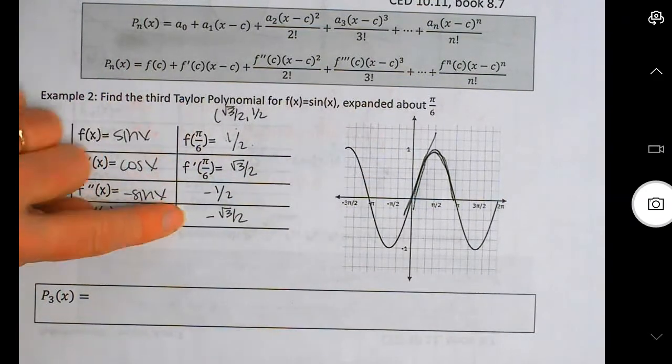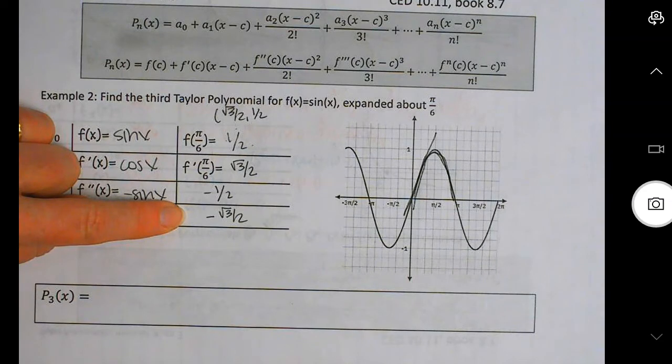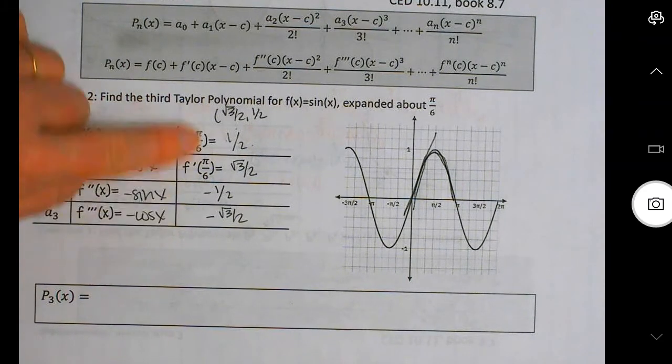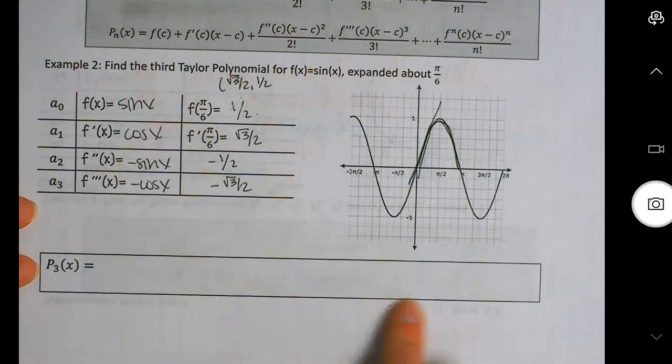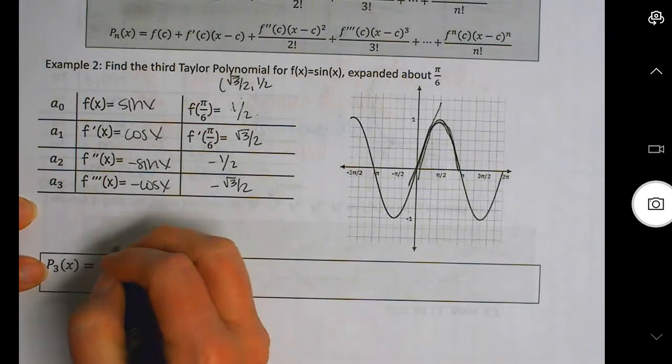And these are the coefficients for our polynomials. And once you know those, you can pretty easily get your polynomial written out. I guess I do actually have 1 second to do it.